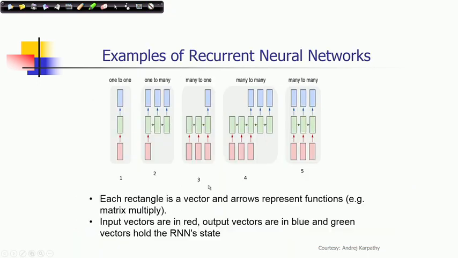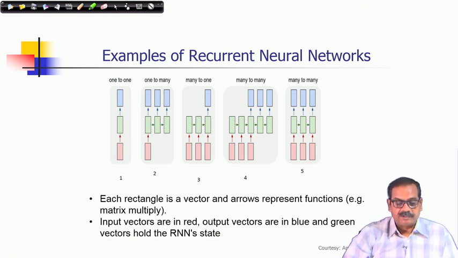These are some examples of what configurations are possible and how different kinds of neural network architectures could be used for solving different types of problems. Here you can see that we have given some numbers, and each rectangle is a vector and arrows represent functions, and input vectors are shown in red and output vectors are in blue.